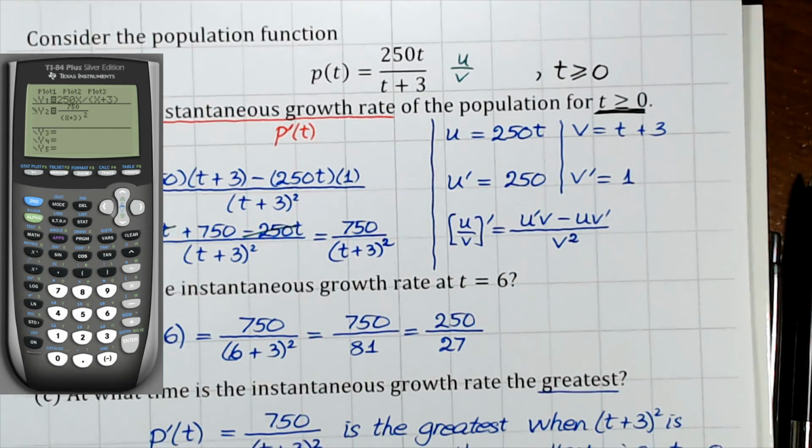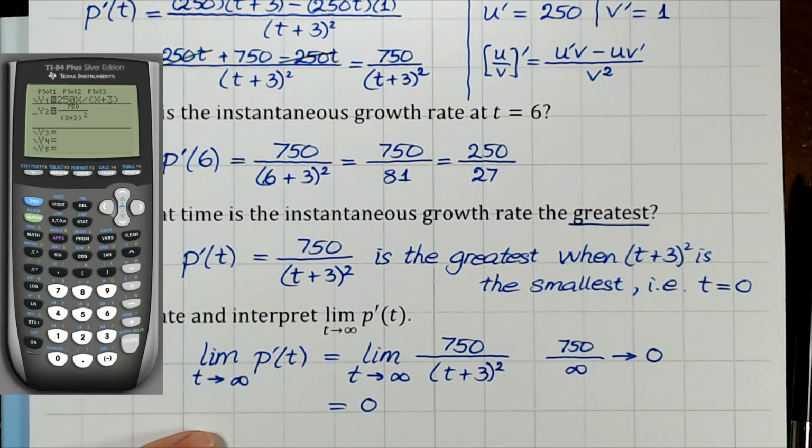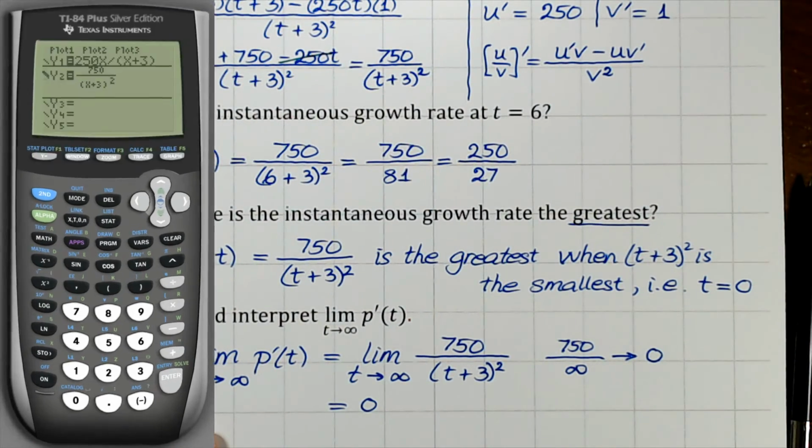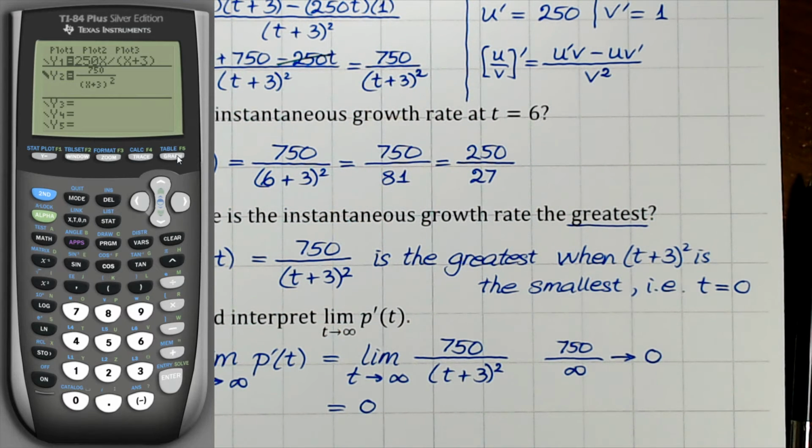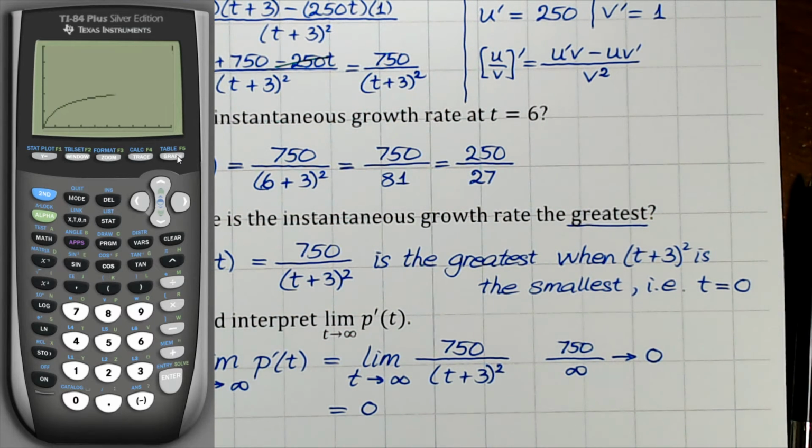So what we want is to graph the derivative in both. Let's see the graph. That is the population, approaching the asymptote, and then we have the derivative. The derivative is not going to go below the x-axis, but because we are using the connected line, it looks like this.